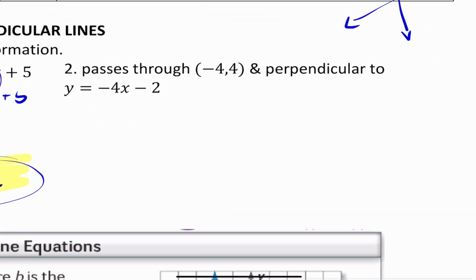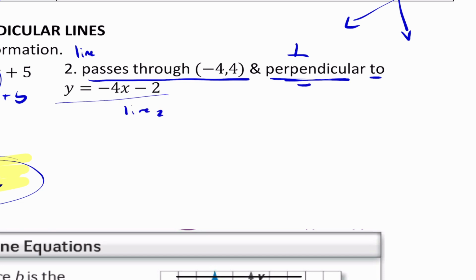Okay, we have a line that passes through this point and is perpendicular to this equation. So there is a line, we'll call that line 1, that passes through negative 4, 4, and is perpendicular to another line, we'll call line 2. So then, what do I know?